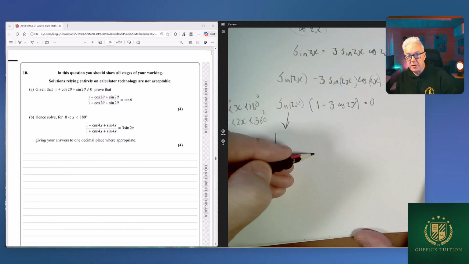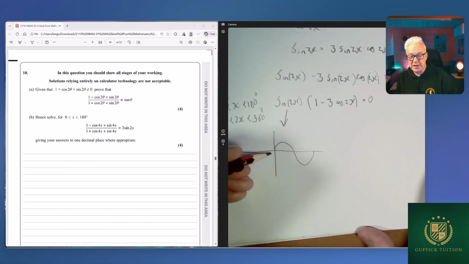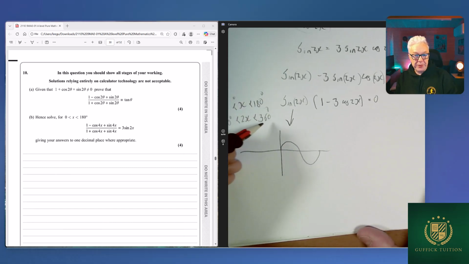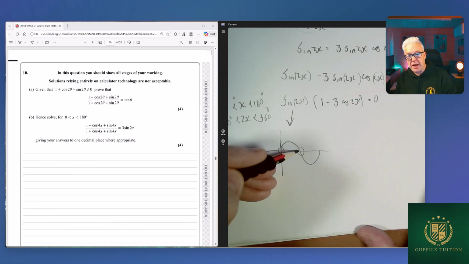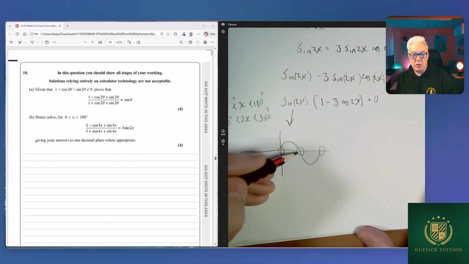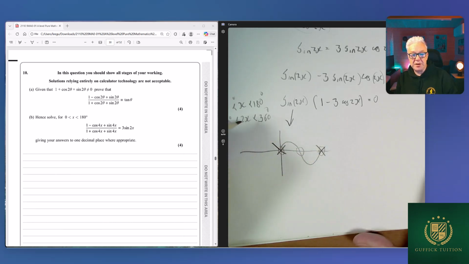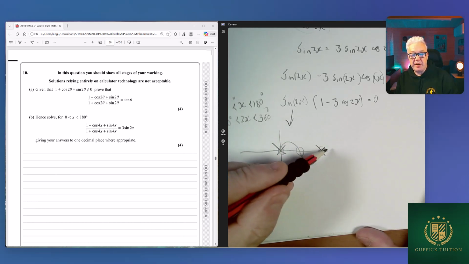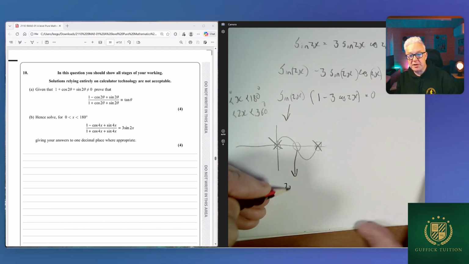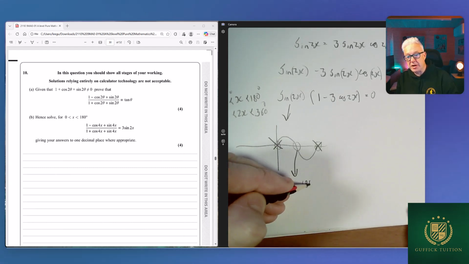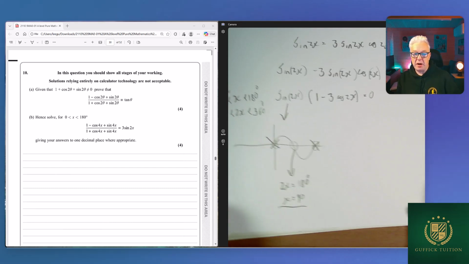So we're going to draw the portion of the sine graph from 0 to 360. Notice again that we have strict inequalities here. So although sine x does equal 0 at 0, 180 and 360, we can't have these two values because it's got to be greater than 0 and less than 360. So there's only one solution there. So that gives us that 2x is equal to 180 degrees. So x is equal to 90 coming from that part.